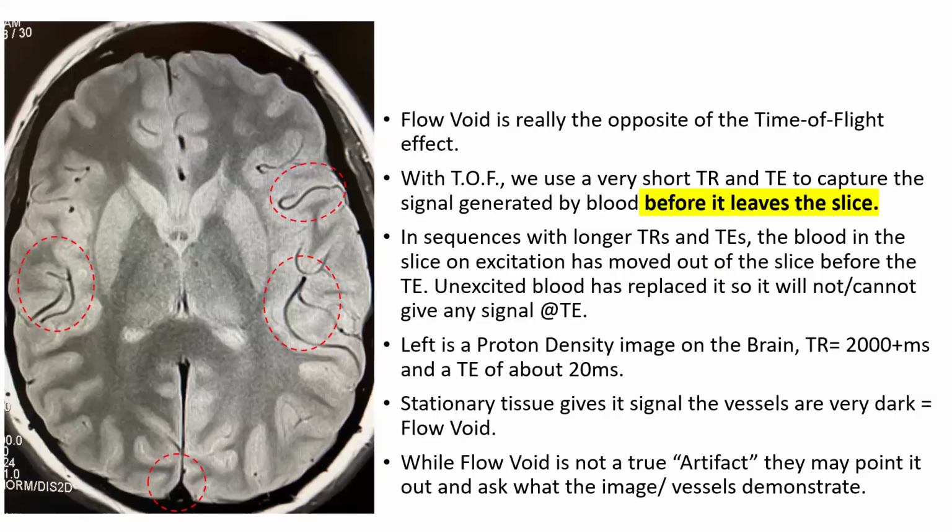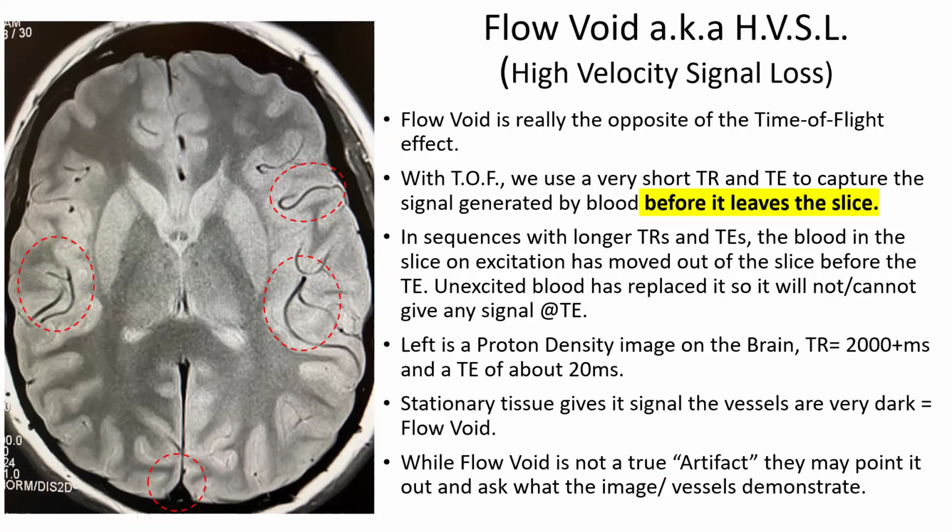Last but not least, here's that proton density image. Why are these blood vessels black? Any idea? Well, it's not an MRA image. This is called flow void or high velocity signal loss. What happened was the blood that was in these blood vessels when this slice was excited has moved on.